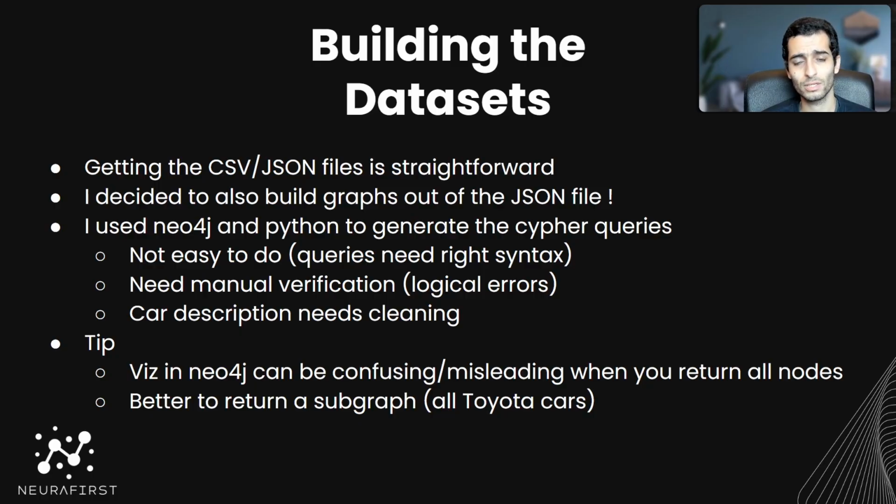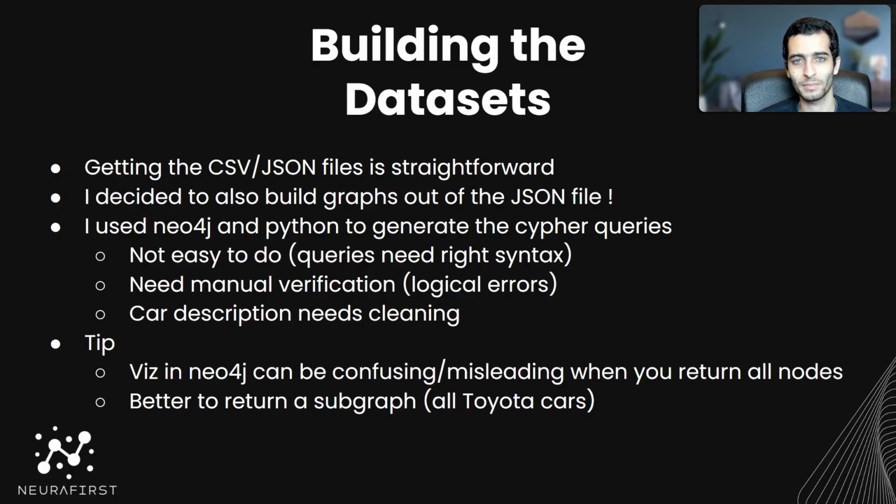So yeah, I also decided to build graphs using Neo4j and also Python to generate the Cypher queries. Neo4j uses a specific language called Cypher to build graphs and query them. And actually it was not that easy to do because Cypher needs a specific syntax, and you shouldn't include many types of characters when building any query.